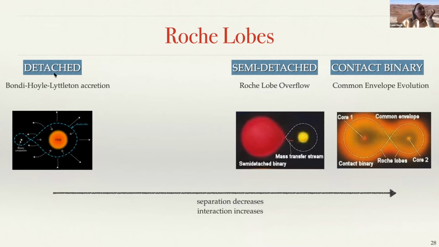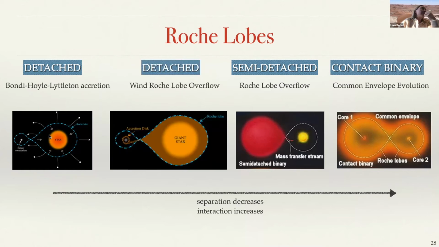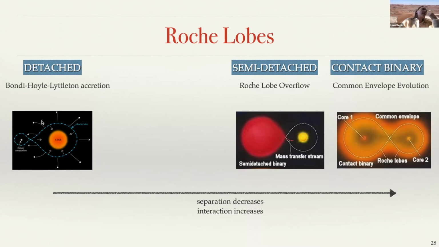Let's say the detached ones, so stars which are really far away, and then you can talk about Bondi-Hoyle-Lyttleton accretion. Then the star can maybe interact via L1, L2, but that interaction is mainly only happening when you come into these other 2 phases where the star fills its Roche lobe and part of its material travels via L1 towards its companion, and when in this very close encounter, you can have a common envelope.